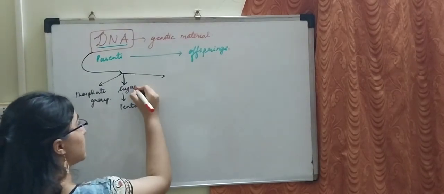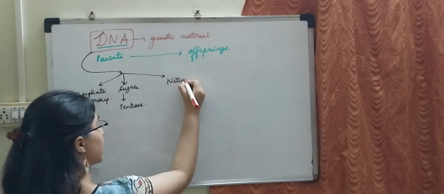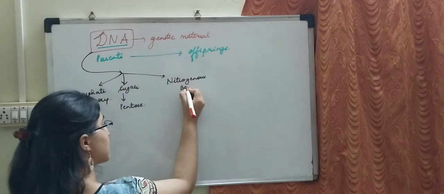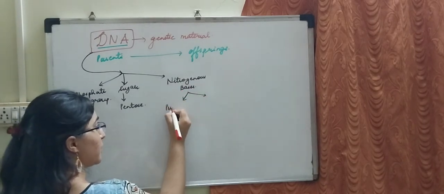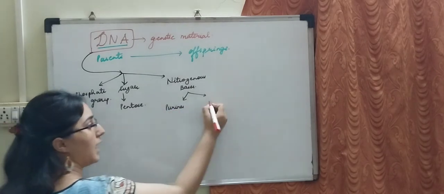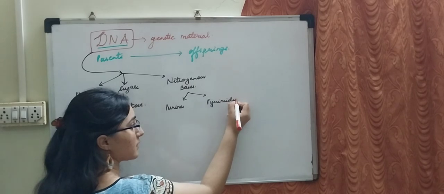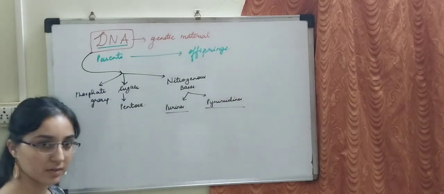And the third thing is the nitrogenous base. Nitrogenous bases are of two types, that is purines and pyrimidines.